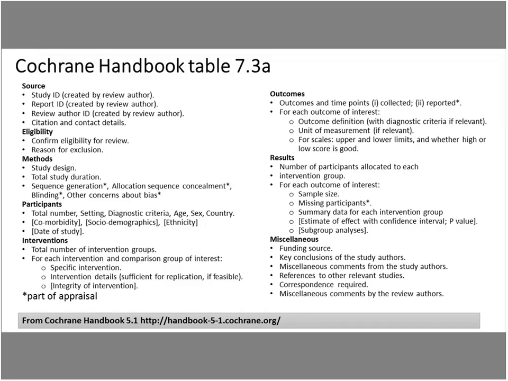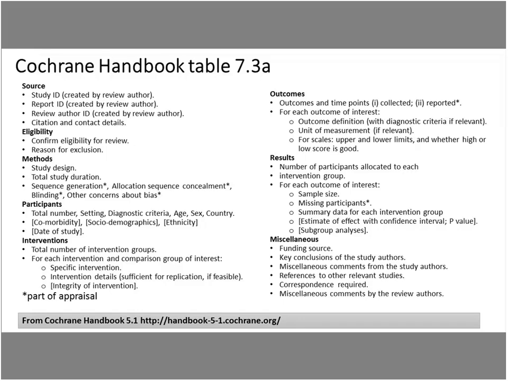They want to make really sure at this point that you really should code this study, so they have reviewers look again at eligibility, and if they're going to kick it out, why did they kick it out? And then they work through the methods, the participants, the different information about the intervention, outcomes, and so on.